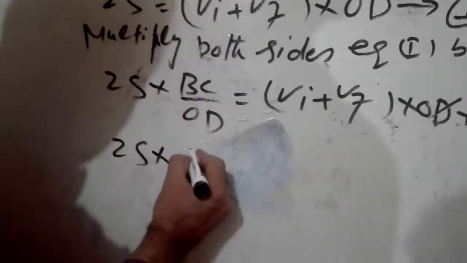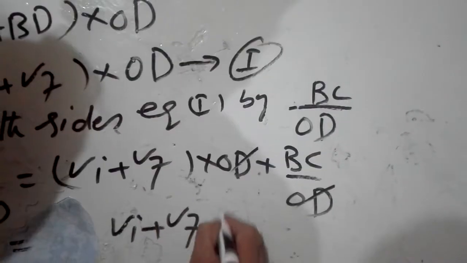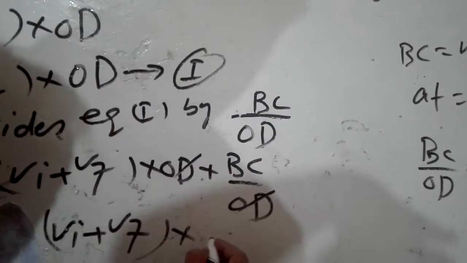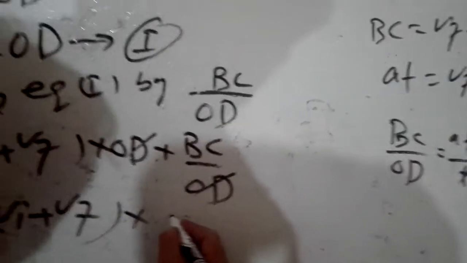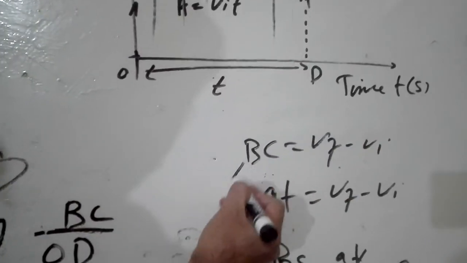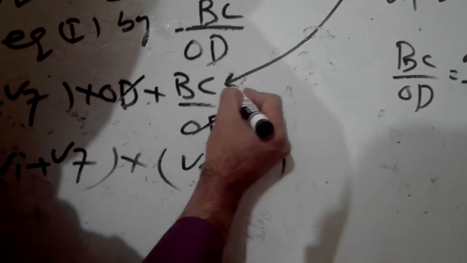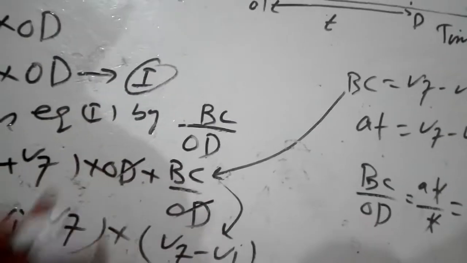So put the value of A, which equals (VI plus VF) again into BC. Now what is the value of BC? You can also substitute this. BC is equal to VF minus VI. So I have put the value of BC here, because OD has been cancelled with OD.